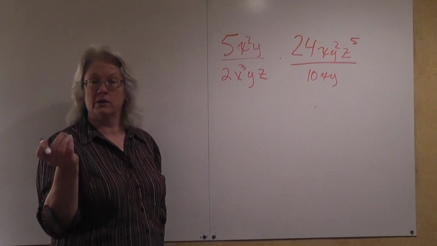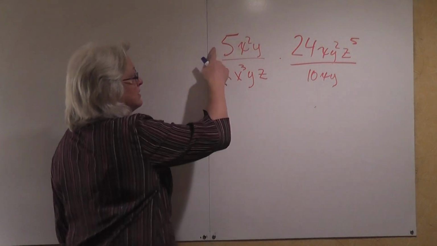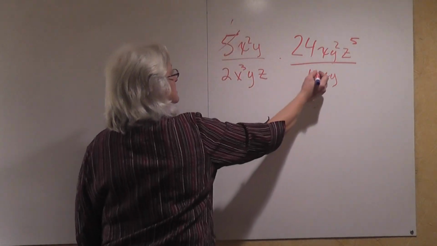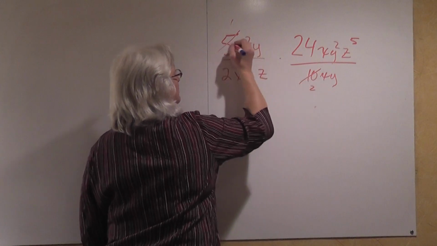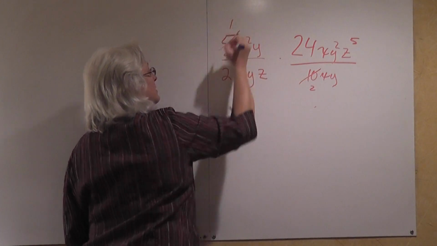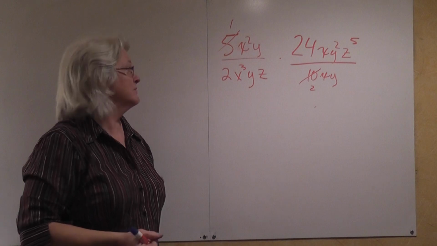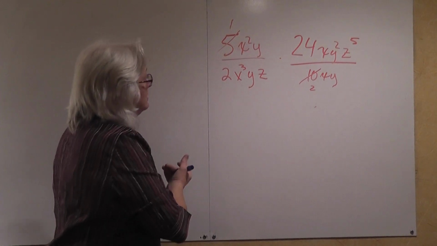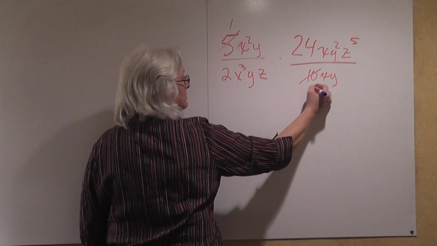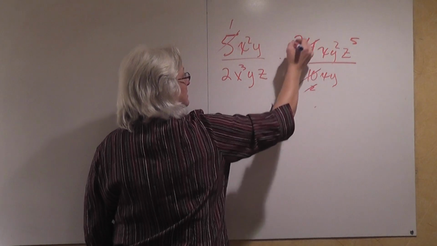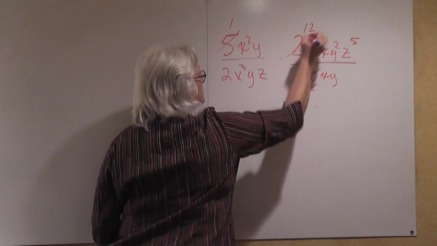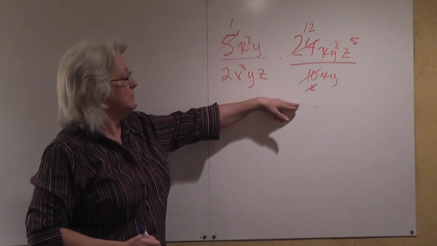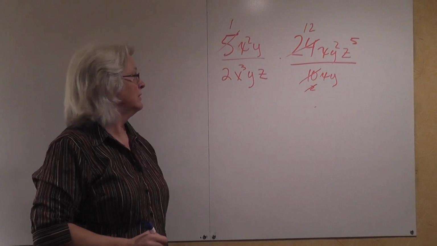Let's start with the coefficients first. 5 and 10, we have a factor of 5 that cancels, leaving a factor of 2 because 10 divided by 5 is 2. Now we have a factor of 2 that will cancel here, leaving a 12 in the numerator, correct? 24 divided by 2 is 12.